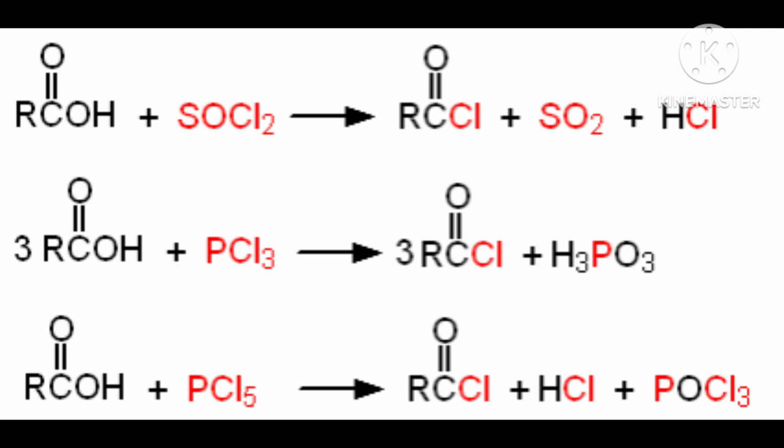Correct? Because it has donated one pair, N will get a positive charge. Now you got NH4, with 1 plus. NH3 was there, now H has joined and N is positively charged. Now you got the ammonium ion.